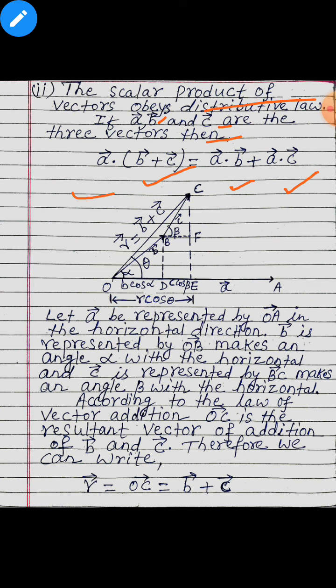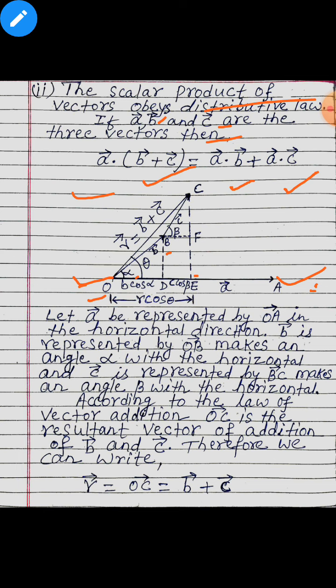Let A vector be represented by OA in the horizontal direction. B vector is represented by OB, which makes an angle alpha with the horizontal.